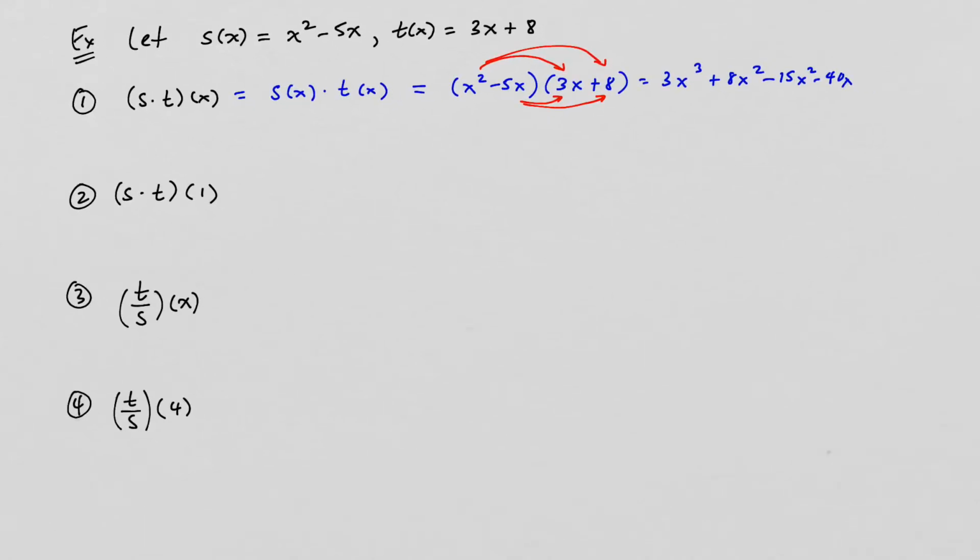And if we combine like terms here in the middle, we end up getting 3x cubed minus 7x squared minus 40x. And again, this is the function s times t of x. Okay, so that is our answer here.